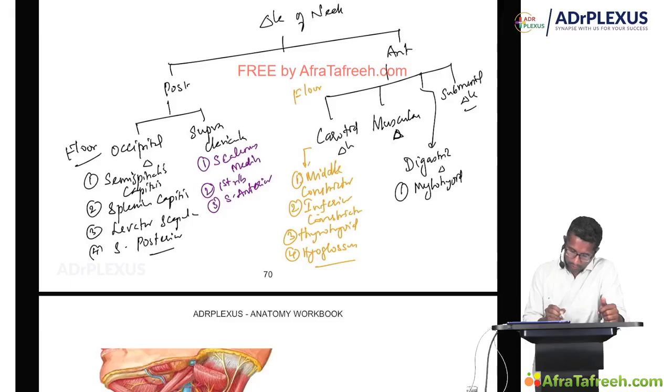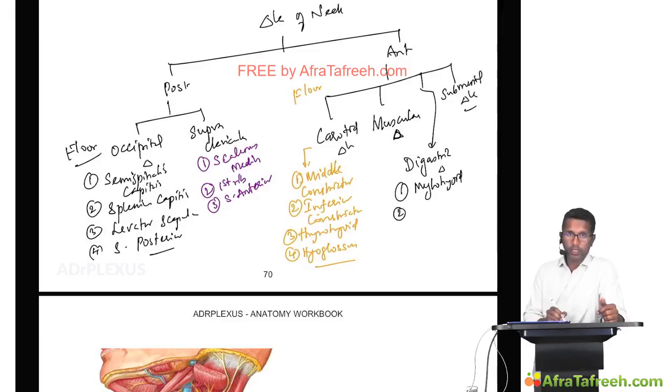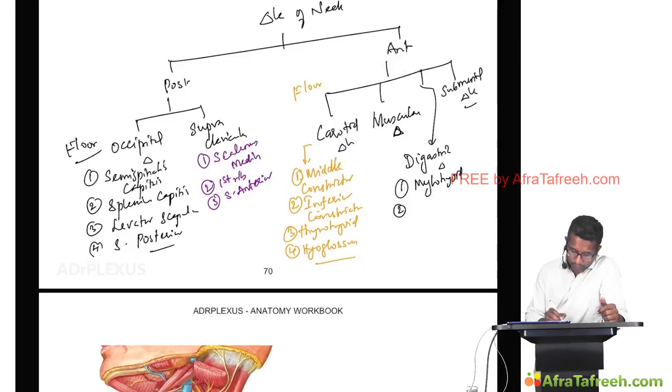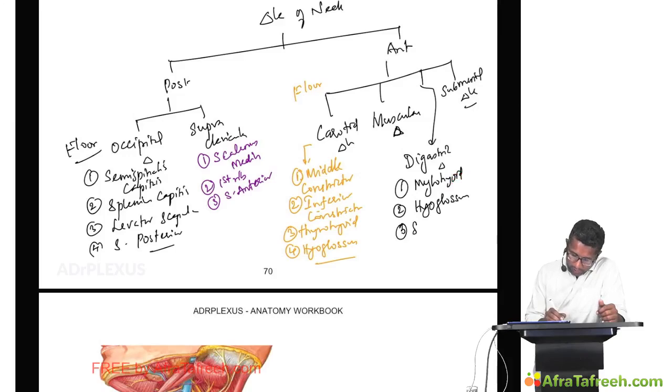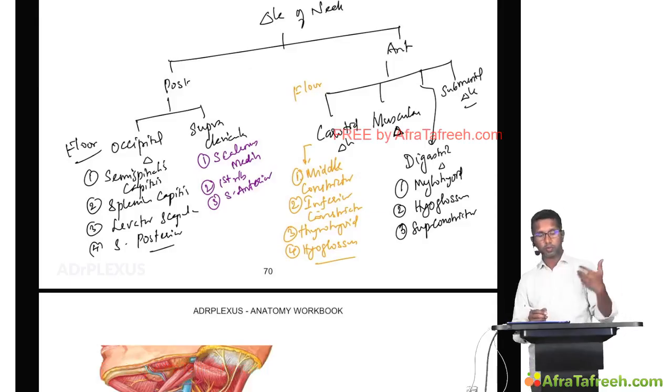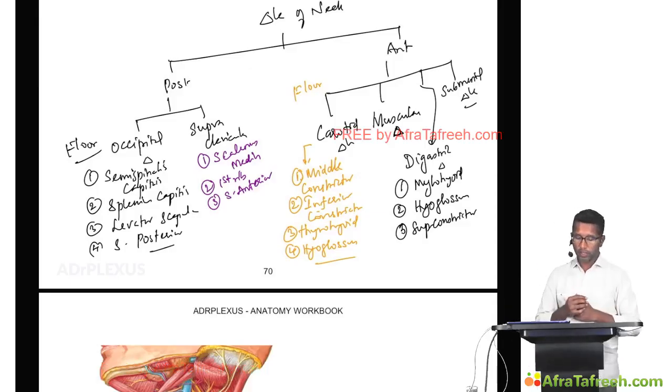It is also formed by the hyoglossus muscle posteriorly, and by the superior constrictor muscle posteriorly. So the superior constrictor muscle on the posterior most part forms the floor of the digastric triangle.